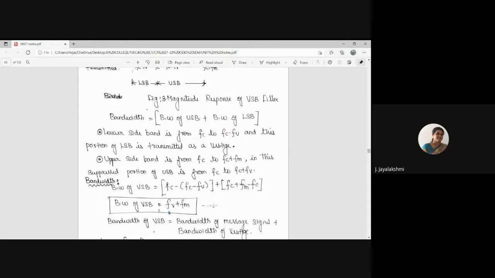So what happens to the bandwidth case? Bandwidth is normally the difference between the upper sideband and the lower sideband frequency levels. So here this is FC minus FC minus FV. That is the carrier minus the lower frequency plus carrier plus the lower frequency.